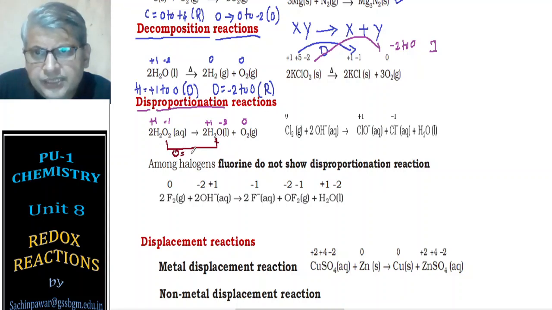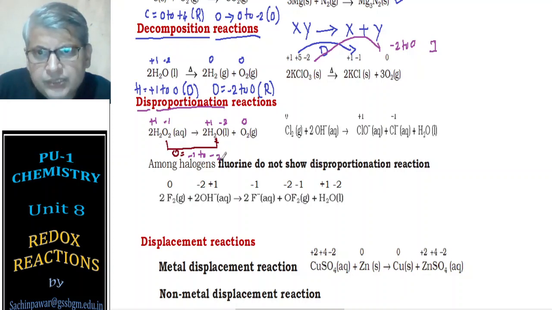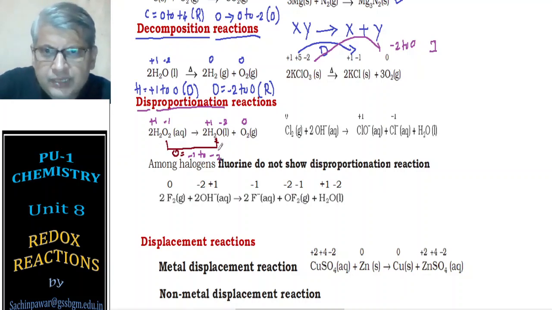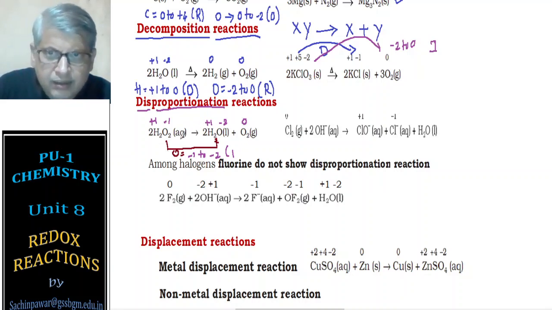Oxygen is changing from -1 to -2, which means a decrease in oxidation number. Decrease in oxidation number means what? It means there is a gain of electron, so it is reduction.